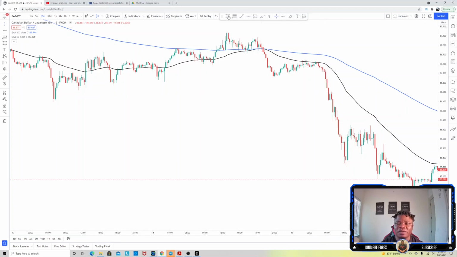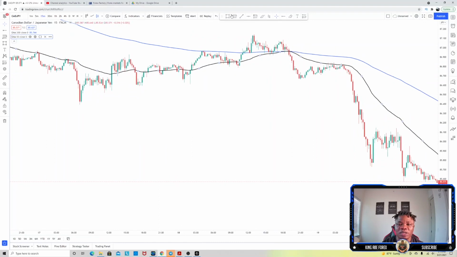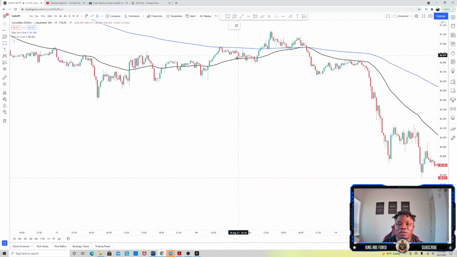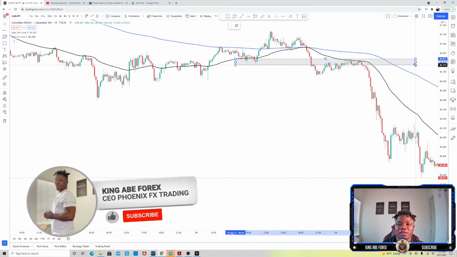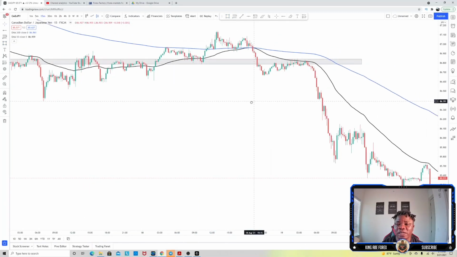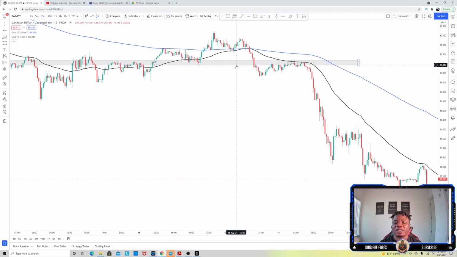The first way you can get in is because we can see that we have a support zone over here, because we have a rejection right over there. Now that you have this zone, this is the first way you can actually get in.